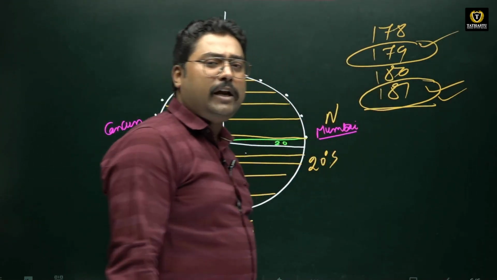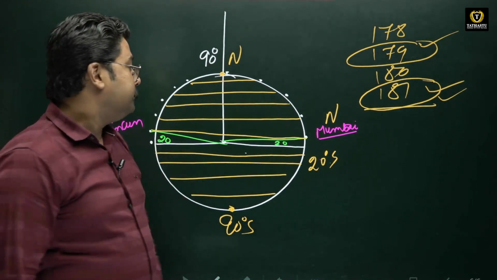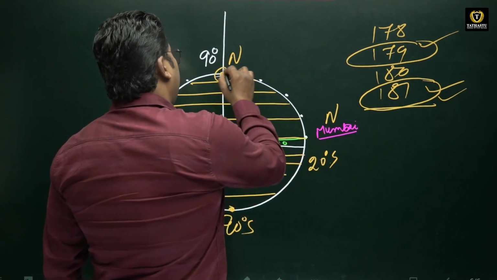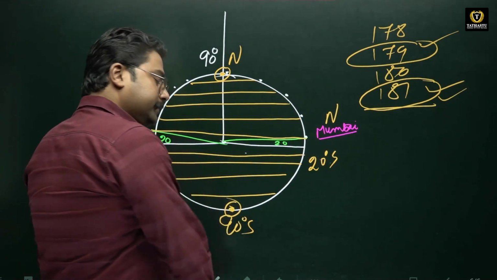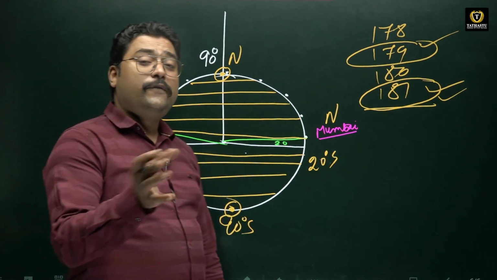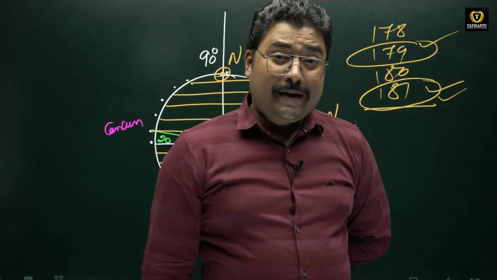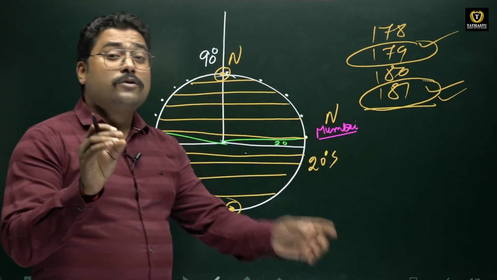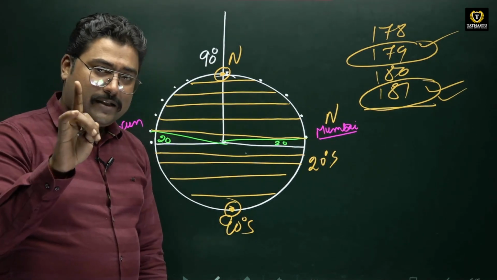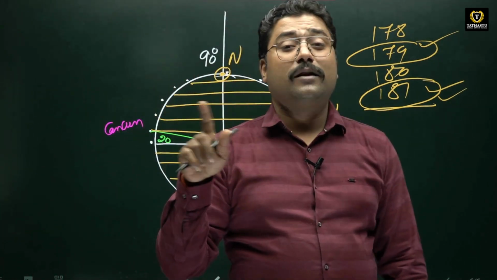So why is it 181? So let me give you the explanation. 90 top and 90 bottom is a point, and as we saw in the definition of latitude, latitudes are imaginary lines. First thing means line, and second thing, the shape of latitudes is a circle.